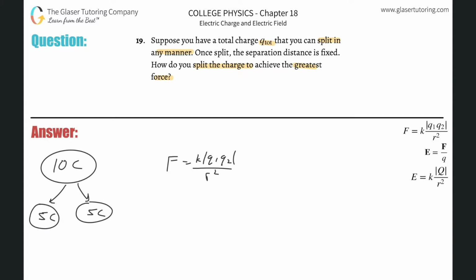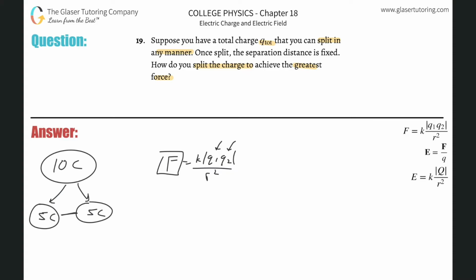Now, once they're split, the separation distance is fixed. What that means is that no matter what, when they're split, this distance is not going to change. This r value is constant, so I don't even care about that in my formula. That's essentially what they're telling us. So the only thing that's going to change is the product between the two charges.